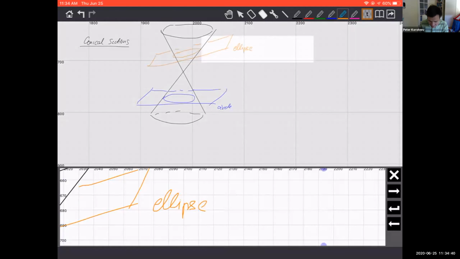Of course, a circle is a particular example of an ellipse when its major axes are the same. We'll talk about this in a second.